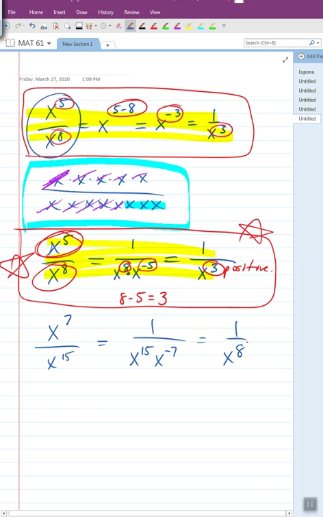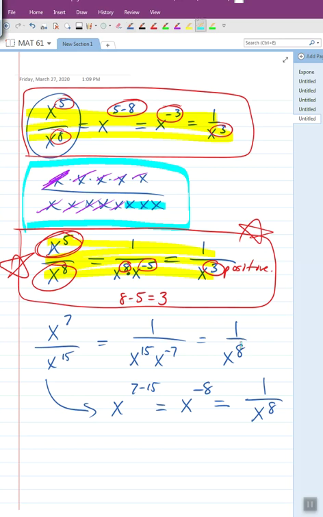You might want to think of it as x to the 7 minus 15, which is x to the minus 8, but that's the same thing as 1 over x to the 8 when you flip that x to the negative 8 to the bottom. Either way, you're going to get the same thing.